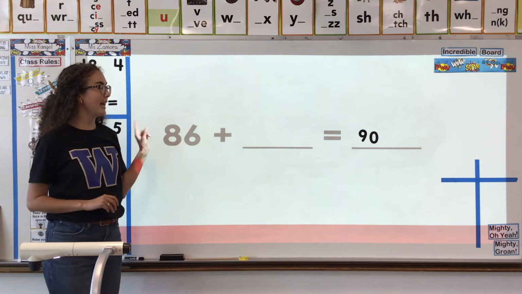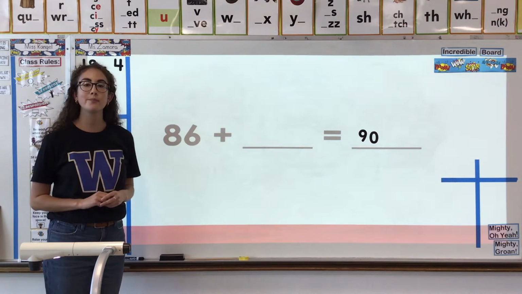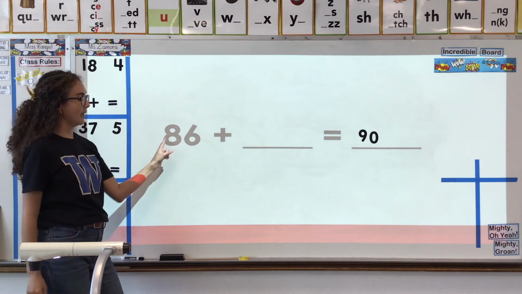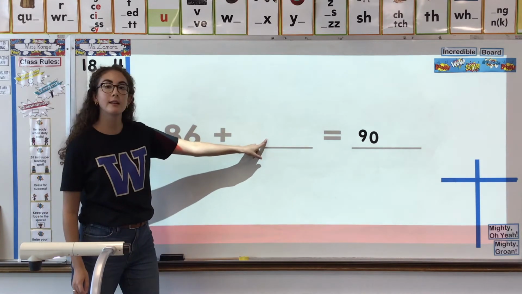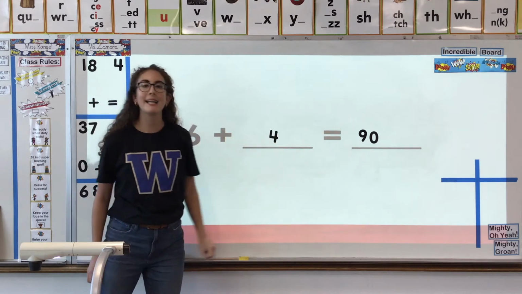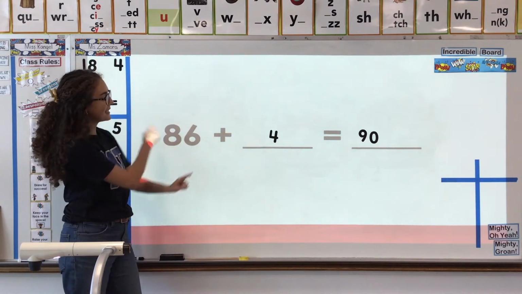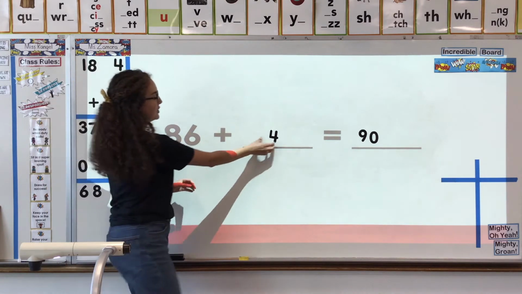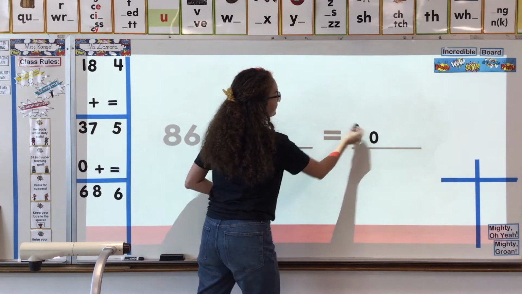Can you tell me the addition sentence? 86 plus 4 equals 90 because 6 and 4 are pairs to 10. Good job. We're going to do one more.